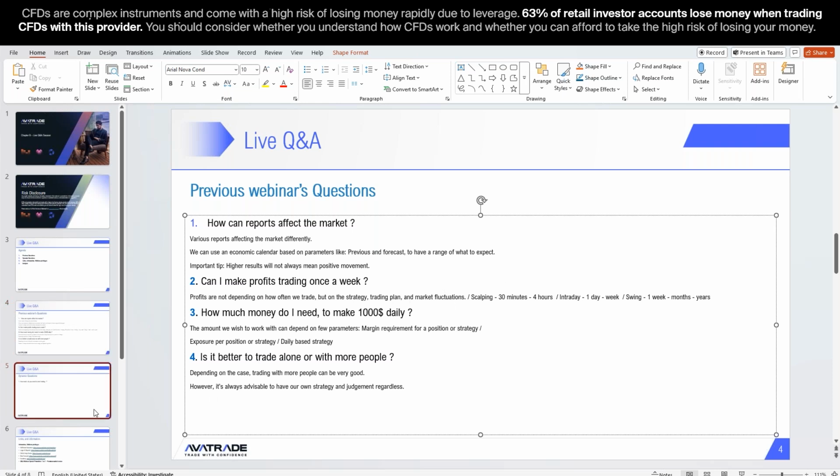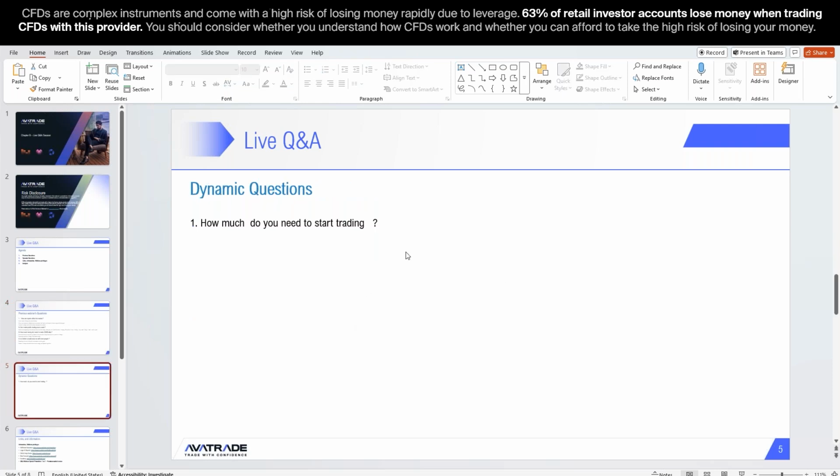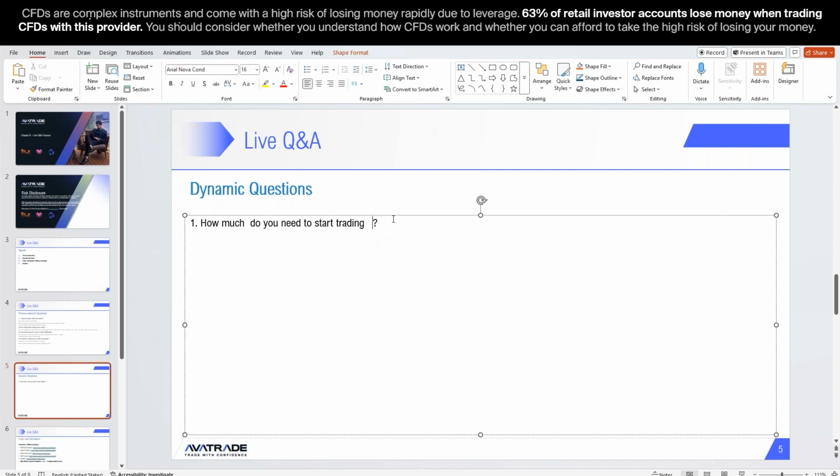Now let's look at the question that we received. So we got a question from Sydney here. How much do we need? I believe that at the moment, the minimum deposit amount available is $100, but how much we need to start trading depends on a few things that we wrote in here, right?